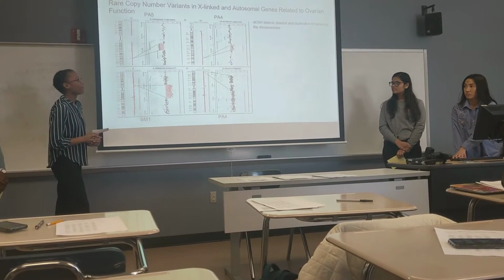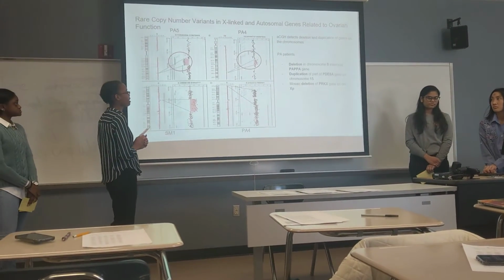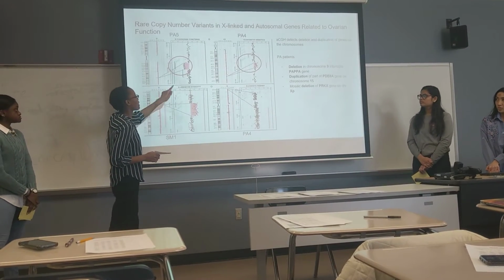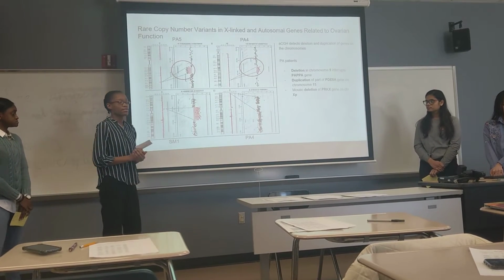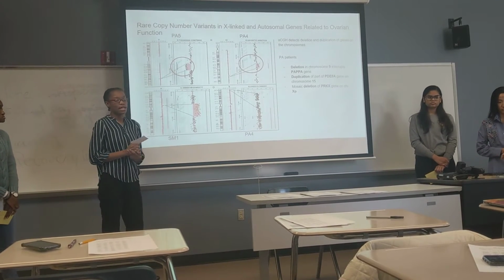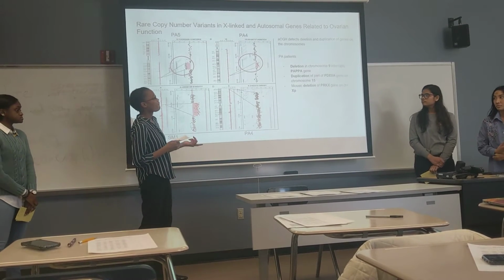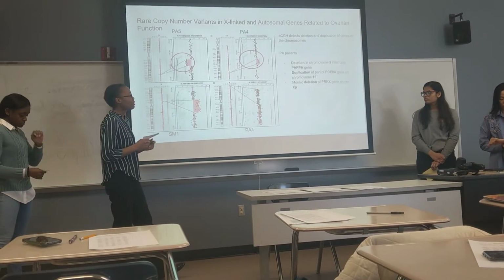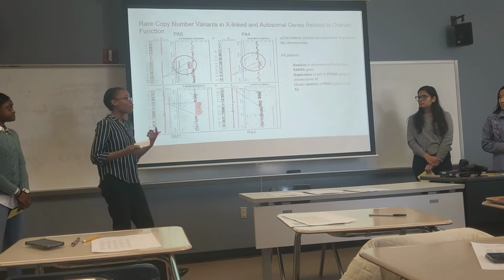So what we saw in our primary amenorrhea patients is that there was a deletion in our first primary amenorrhea patient here in the PAPPA gene. The PAPPA gene is a pregnancy-associated plasma protein gene, and this gene is very important in pregnancy and development of the follicle. And in patient number 4, we saw that there was a duplication in the PDE8A gene, and this gene is involved in ovary development.